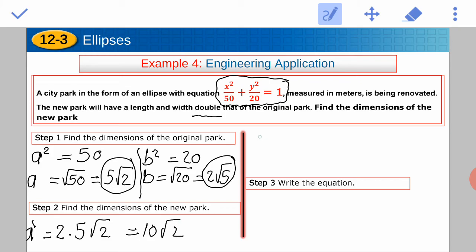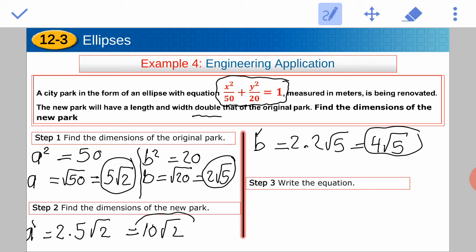Similarly, B dash, the distance from the center to the co-vertex, is double the distance in the original ellipse. So double this quantity: 2 times 2 square root of 5 equals 4 times the square root of 5. This is the new length and the new width of the new park.